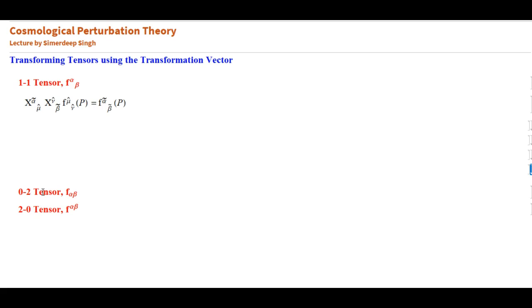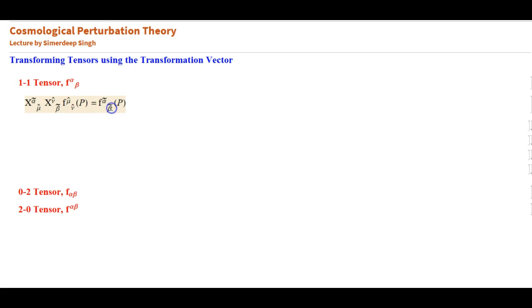This is what we saw in the last video for a vector. We will do a similar calculation for now transforming a tensor. So we'll start with the tensor and do this calculation. We start with the transformation of a tensor at one given point, and this relationship which you see here is what we have seen earlier: you have f mu caret nu caret in gauge 1, and now you want to come to f alpha tilde beta tilde.